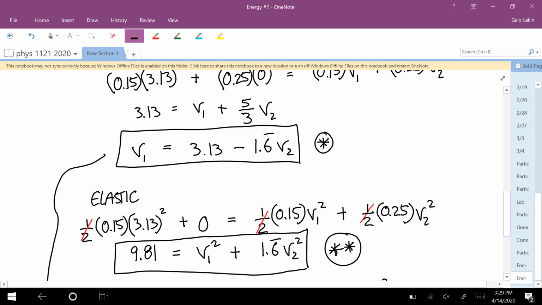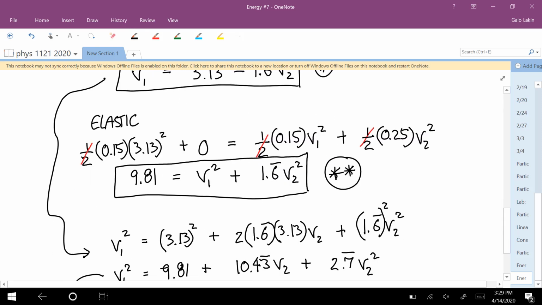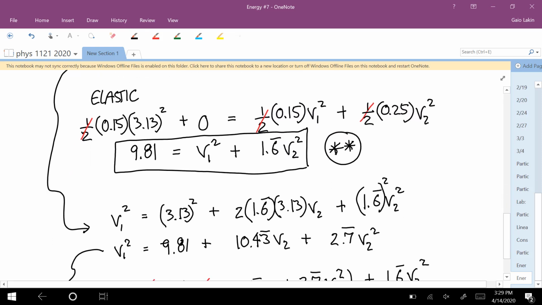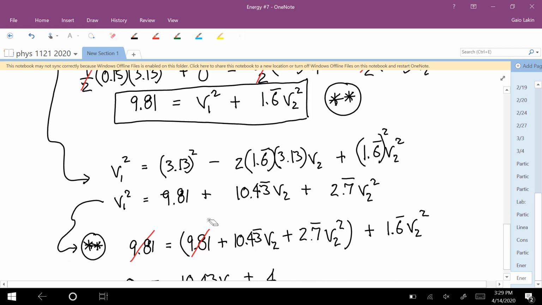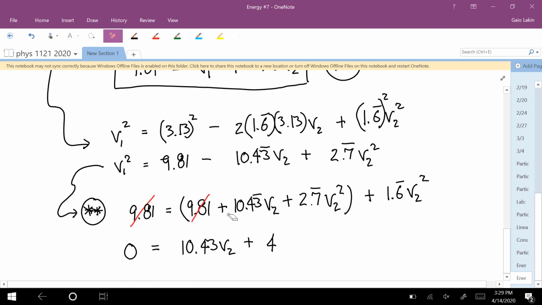Okay, I've got to fix some stuff. I had the equation star wrong before. That means this is negative, and that means this is negative, and that's not so bad. So this is negative 4.4 repeating v2 squared.